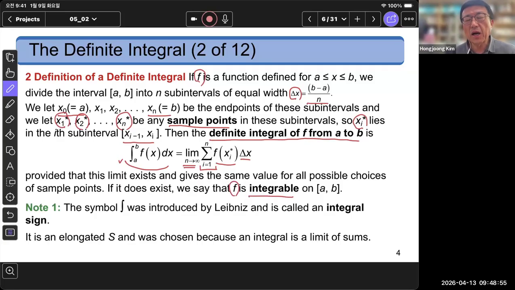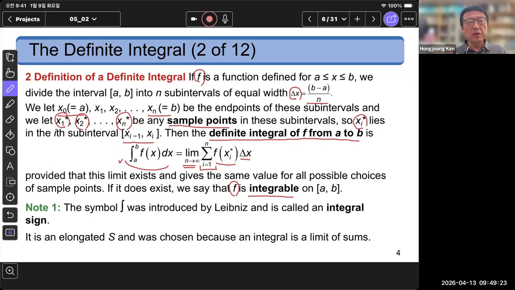Many functions are integrable in our calculus textbook. I mean, many functions you already know will probably in many cases be integrable, such as sine or cosine functions or some exponential functions. They are all integrable functions. We will see some non-integrable functions as well.